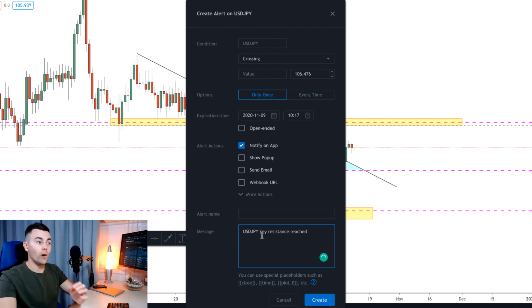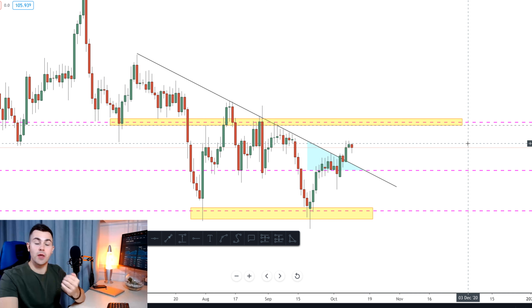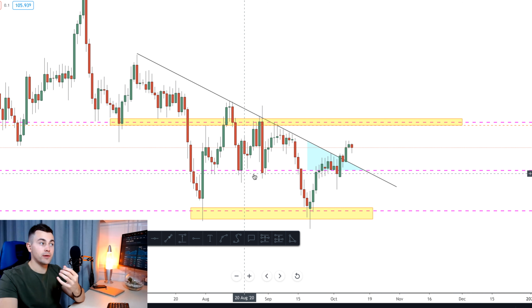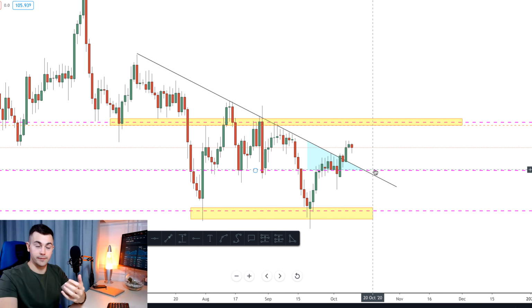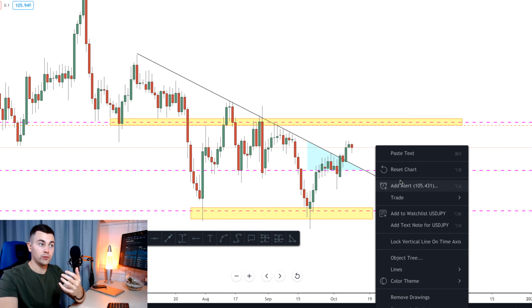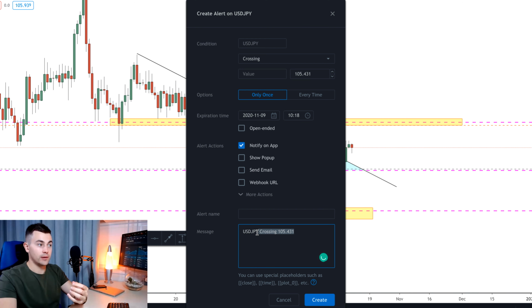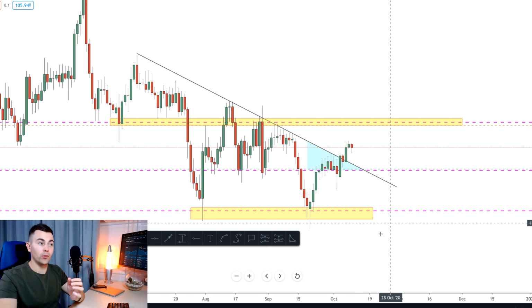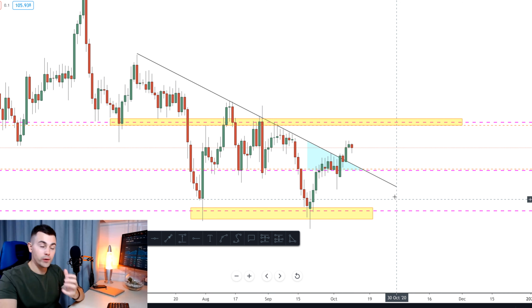Once the market reaches that structural resistance we will be notified. Same thing with this structure support. We have this structure support right here, and again we add the alert, and here we say structure support reached. Once the market reaches that support, we are notified.